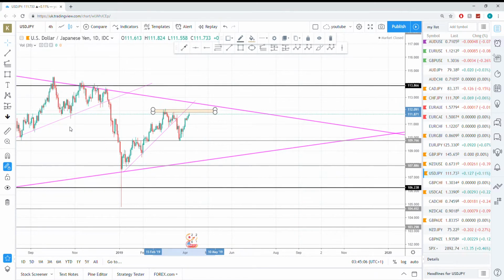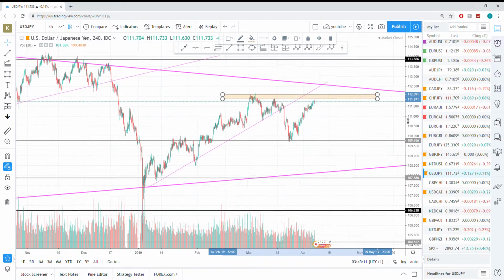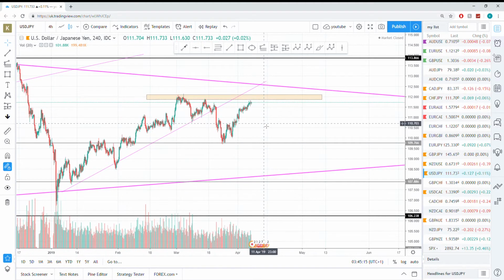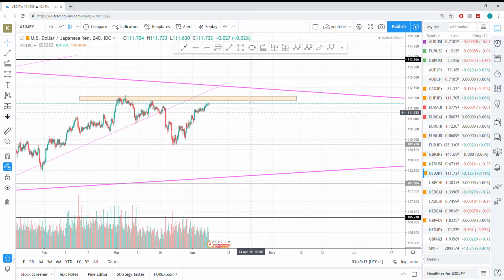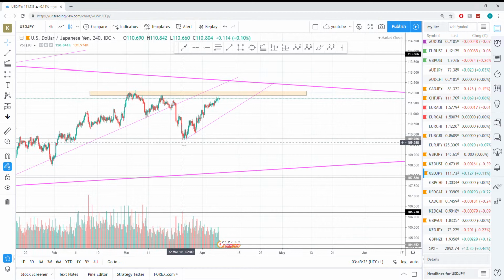So if we drop it down a bit further down, alright, yeah, we see something like this forming right now. So draw another trend line.